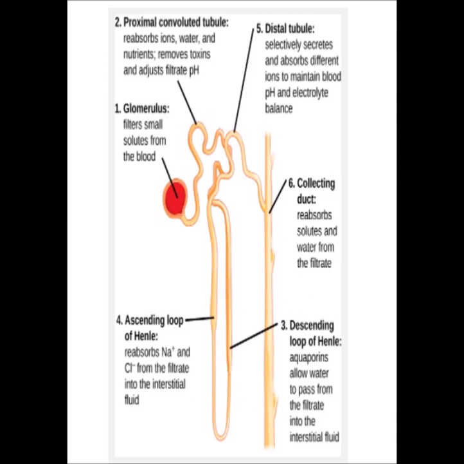In number 5 in the diagram, in the distal convoluted tubule, potassium ions and hydrogen ions are selectively secreted into the filtrate, while sodium ions, chloride ions, and HCO3 ions are reabsorbed to maintain pH and electrolyte balance in the blood.